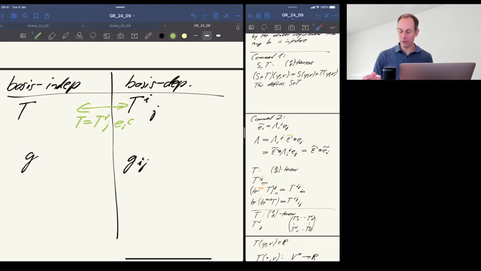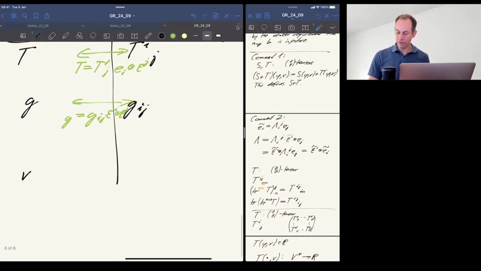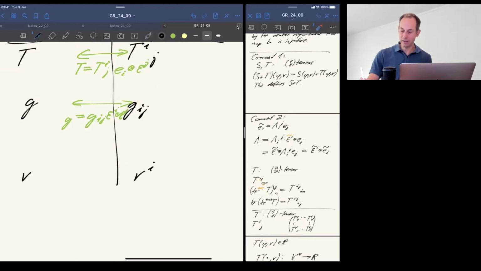If it's a 1-1 tensor, then the basis elements look like this. In the case of G, the connection is that G is G_ij times epsilon^i epsilon^j. Maybe I could even have much simpler objects, just the vector V. Again, the coefficients of the vector are V^i, and the connection is just V^i times e_i.